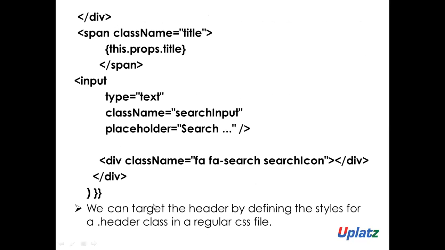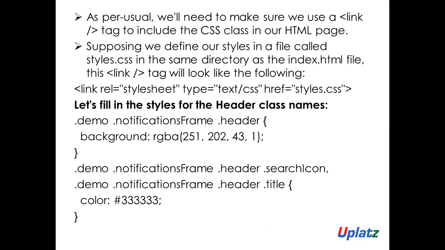Now we can target the header by defining a styles .header class in a regular file. As usual, we need to make sure the link is included for that CSS in our HTML file. Suppose we define our style in a file called styles.css in the same directory as the HTML file.